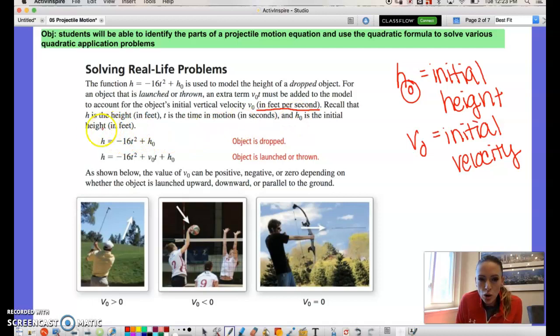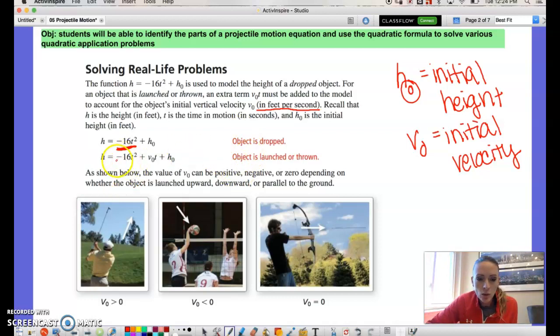If something is dropped, we use this. Basically, this negative 16t squared accounts for gravity. So when we have something that is just dropped from the air, or when we have problems where something drops off a cliff, that would be a zero initial velocity.